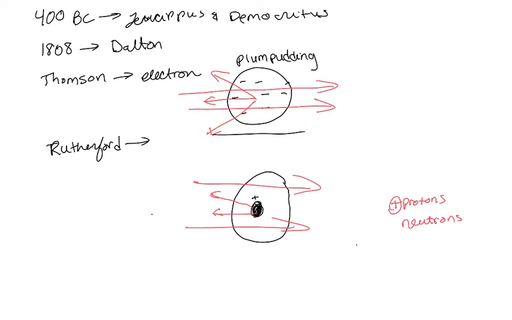And the electrons are negatively charged, and they're dispersed throughout the rest of the atom. They're very light, and they don't contribute much to the mass of the atom. So in summary, protons have a +1 charge, neutrons have 0 charge, and electrons have a -1 charge.